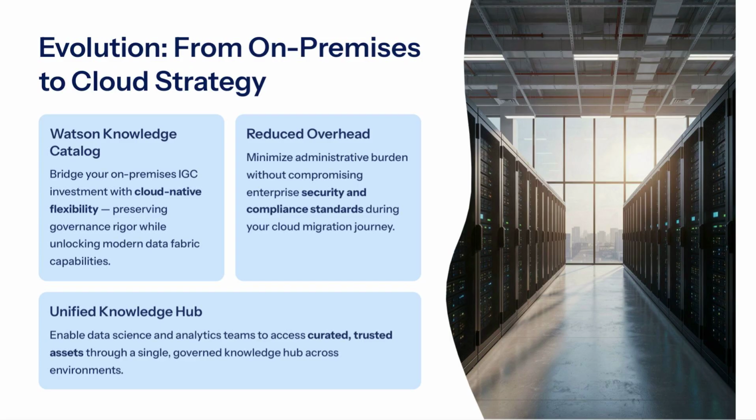The catalog also preserves compliance standards by maintaining governance rigor throughout cloud migration journeys. Additionally, it unlocks modern data fabric capabilities and creates a unified knowledge hub that allows data science and analytics teams to access trusted and curated assets across different environments.